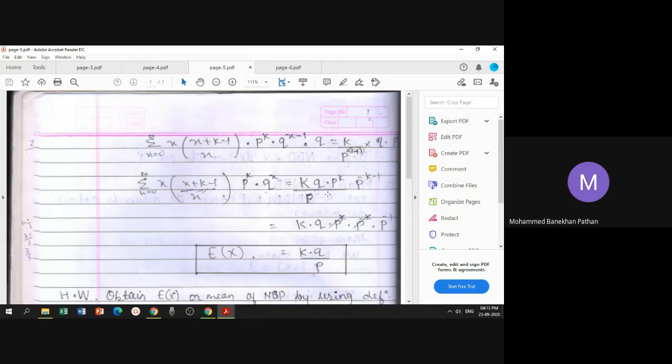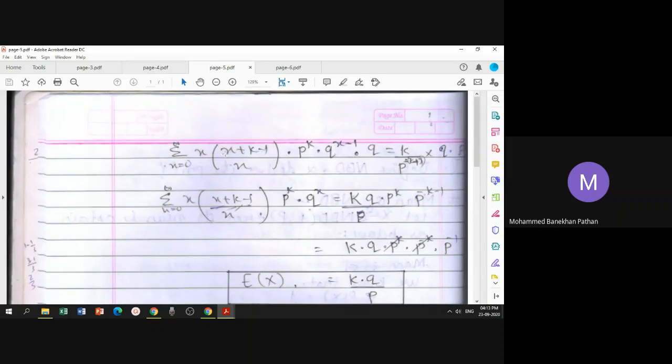You will get like this: summation x, x plus k minus 1 choose x, p raised to k, q raised to x minus 1, multiplied by q. So p divided by p raised to k plus 1, multiplied by q p raised to k. So p raised to k and q are multiplied.